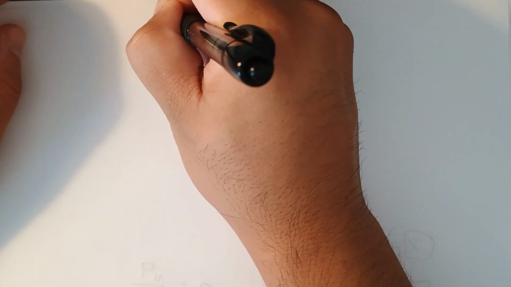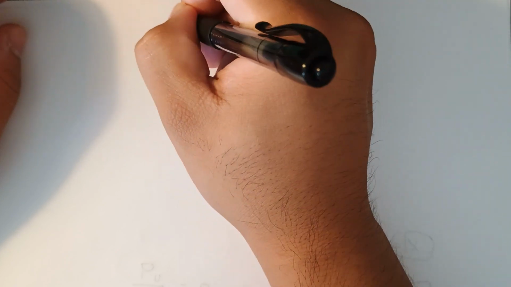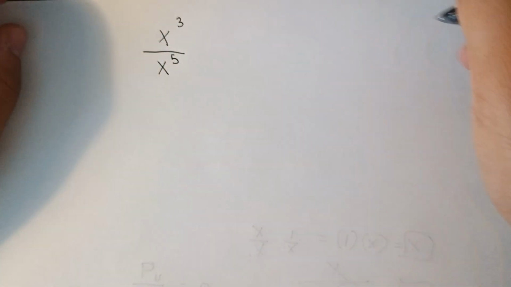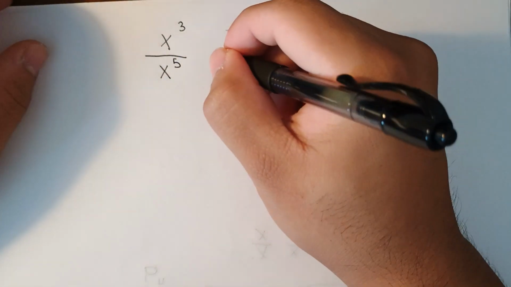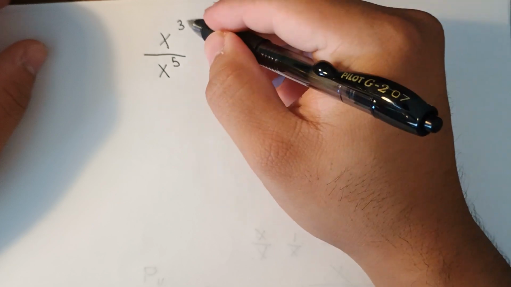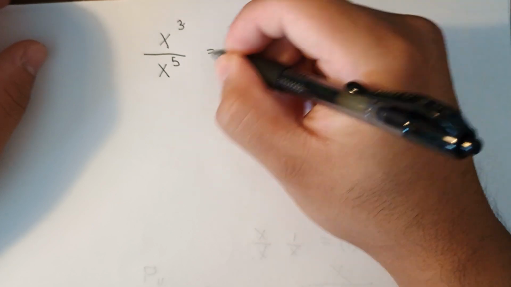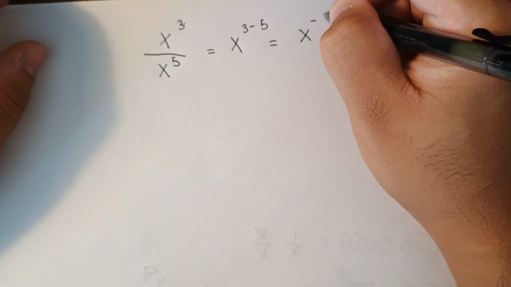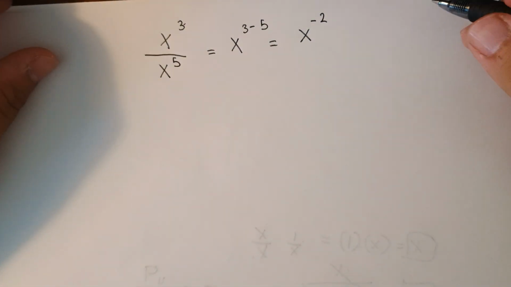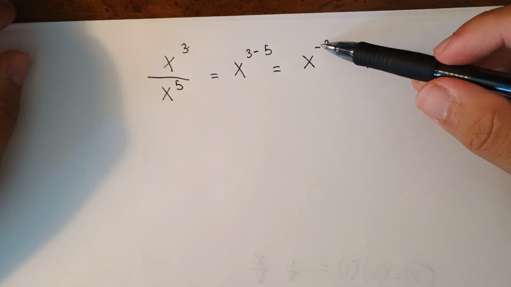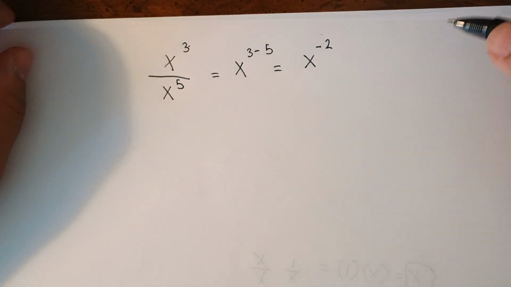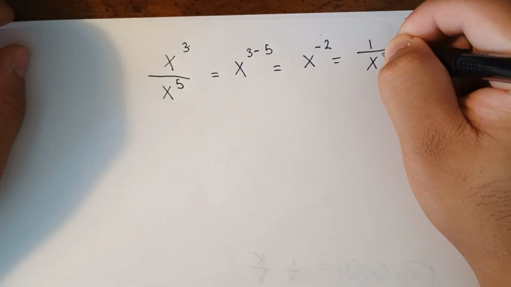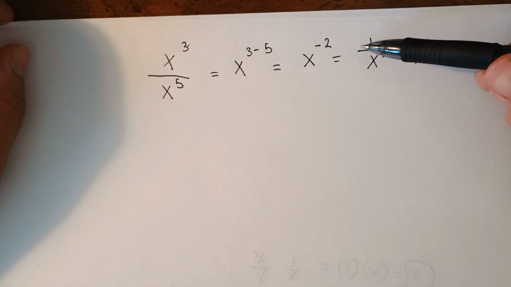Here's an example of the top exponent being smaller than the bottom exponent. You would do this one the same way. You would have x to the power of 3 minus 5, and then we would get x to the power of negative 2. Now we typically don't want a negative number as our exponent, so you can rewrite it like this.